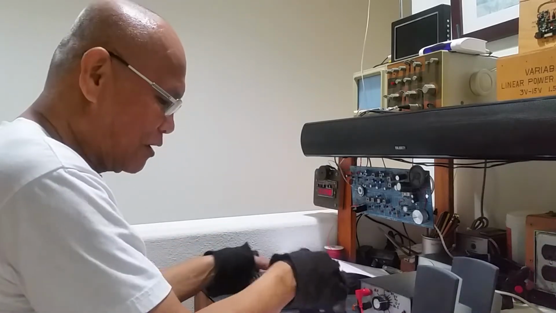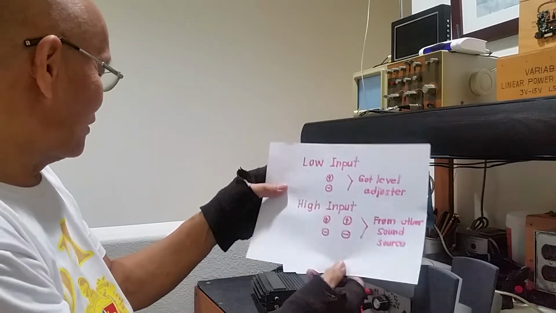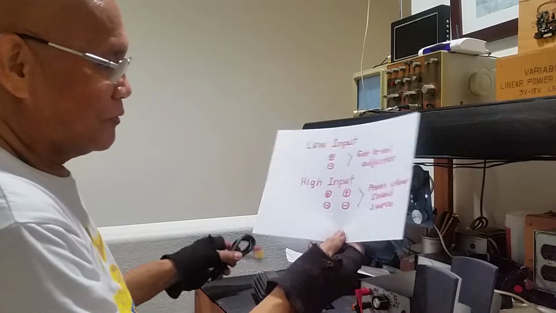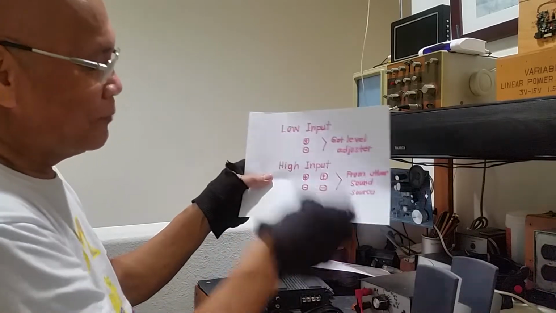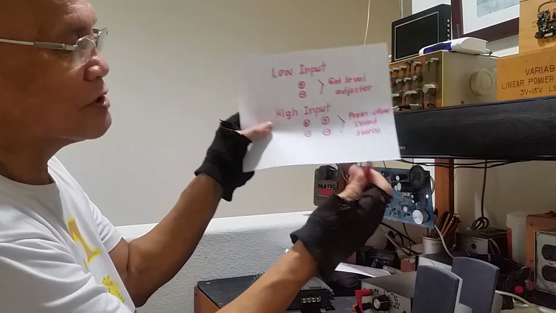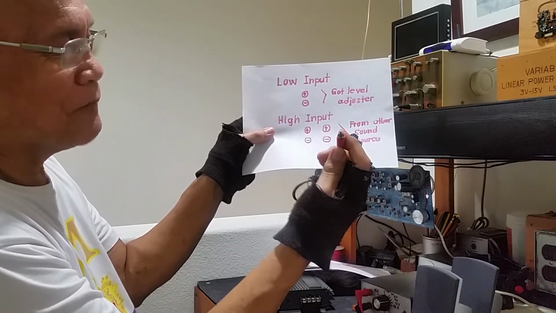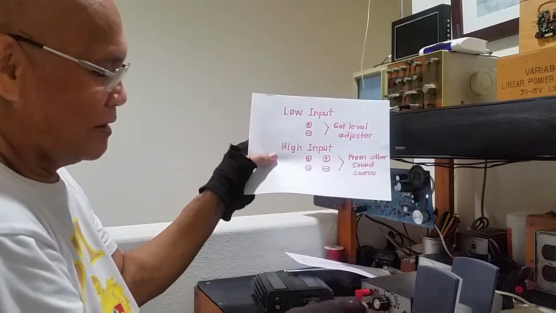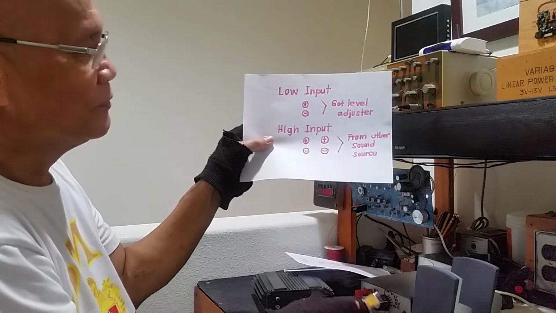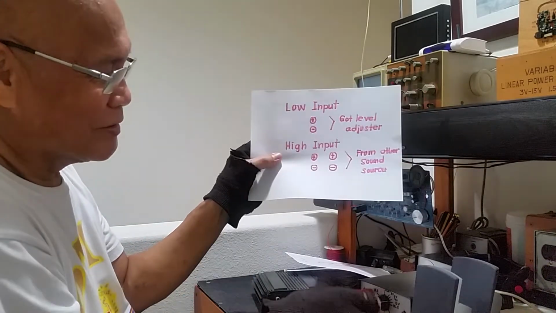Okay, I'll go back to the low input signal. It has a plus and minus terminal over here. To connect the low input signal, you use an RF connector. An RF connector is something like this one. This is for the plus side, and the other one will be for the negative side. It has only two terminals, the plus and minus.